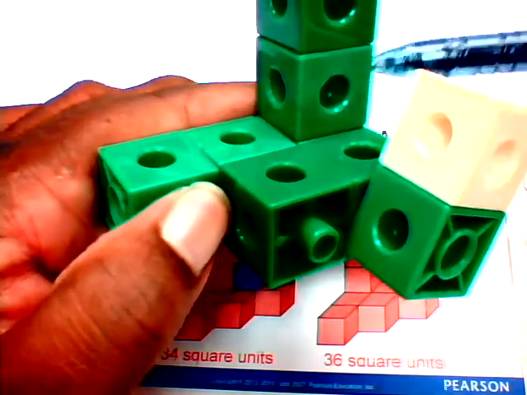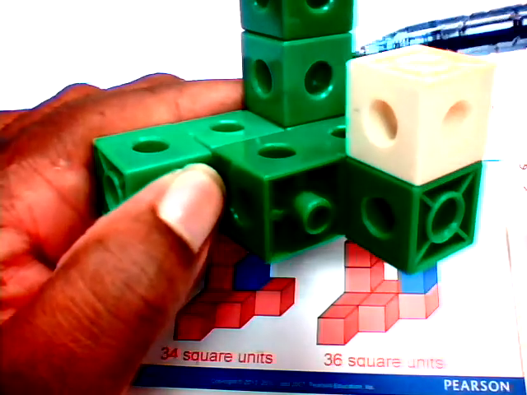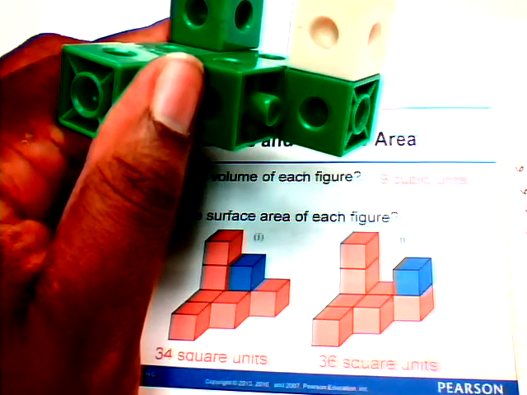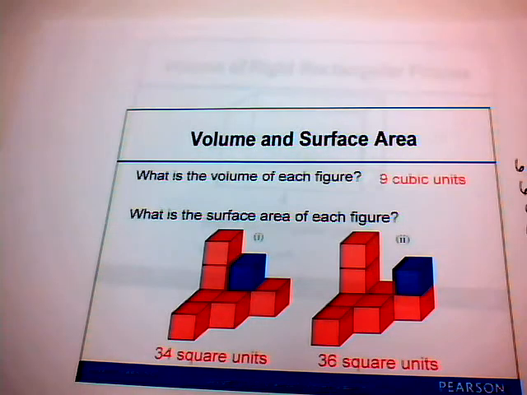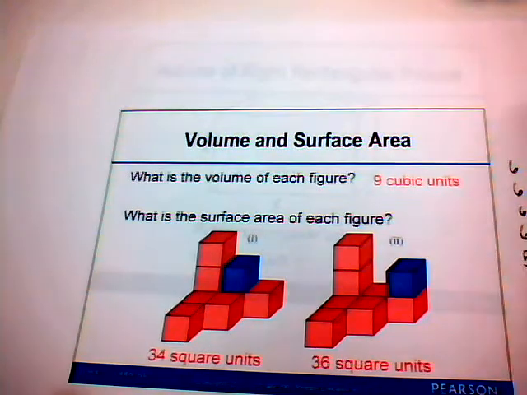And then this face right here, because this face was covered up by this one. When I moved it here, you can see this face here and this face there. So that's another face that I was missing. So that total is 36 square units. So it's the number of faces that you see in this particular figure.